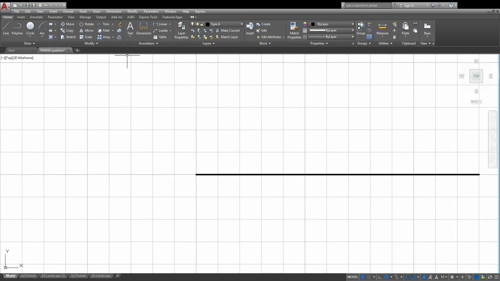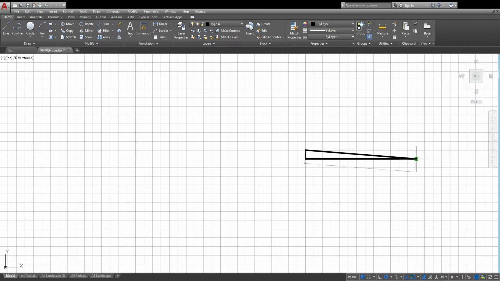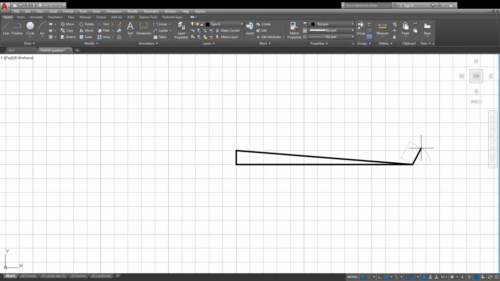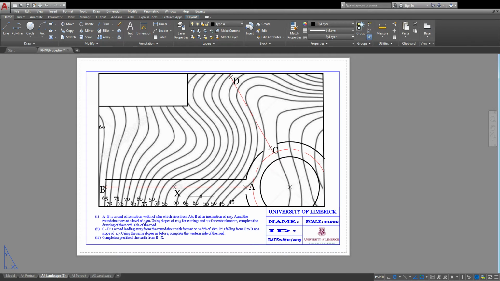We want to get a rise of 10 meters, and join it back to A. So this is going to be the slope of our road: 130 meters this way for a 10 meter rise. So we're going to go from A to B, 130 meters, and mark our point.